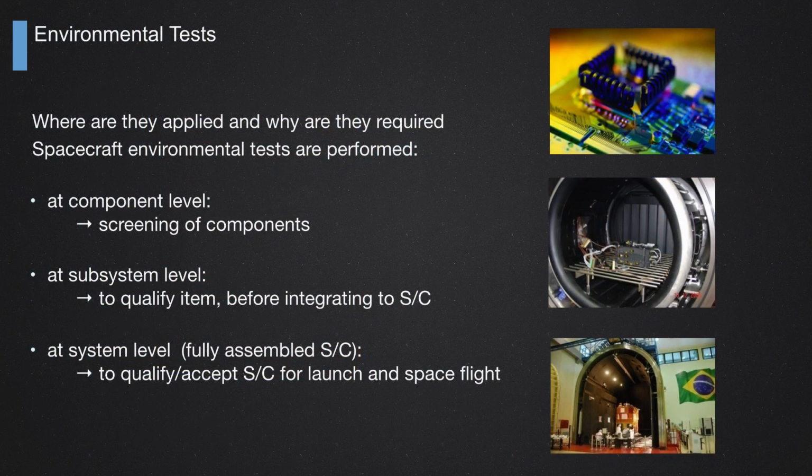You can see here in this picture an electronic box inside a small vacuum chamber. We do vibration, EMI/EMC, and thermal vacuum tests with the box itself at this level, before installing and integrating it into the real full flight model of the spacecraft.